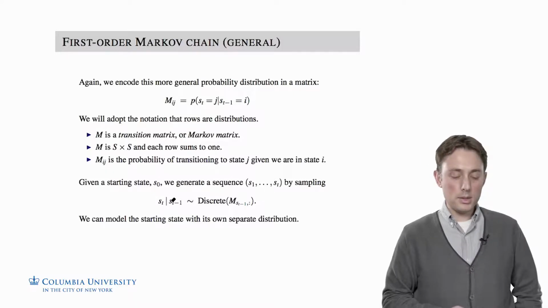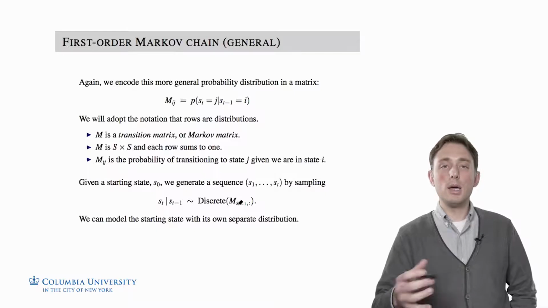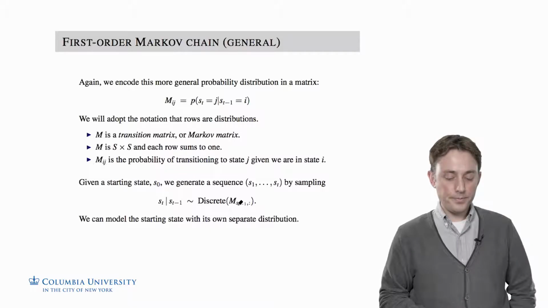So given what state we're in at t minus 1, that indexes the probability distribution that we're going to pick from M to then transition to the state at time t.